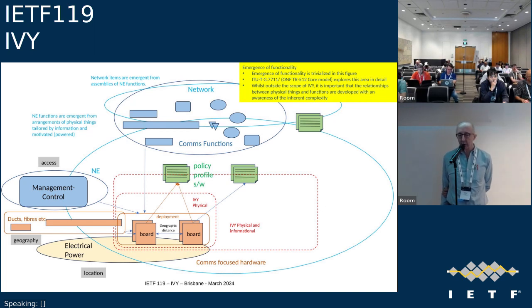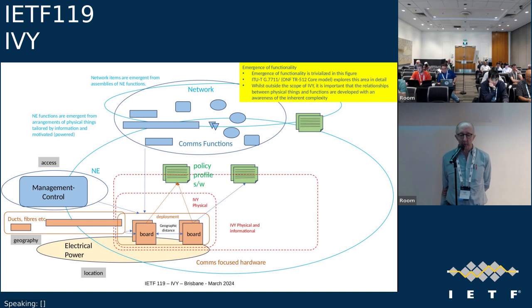Likewise, the management control off to the left-hand side, that's an emergent thing from the physical environment when powered. And again, we're not doing an inventory of management control items that might be running on the hardware. So hardware, physical things, some informational things, not functional things, so not the termination points and not the management control stuff. The diagram gets more complicated in a moment.